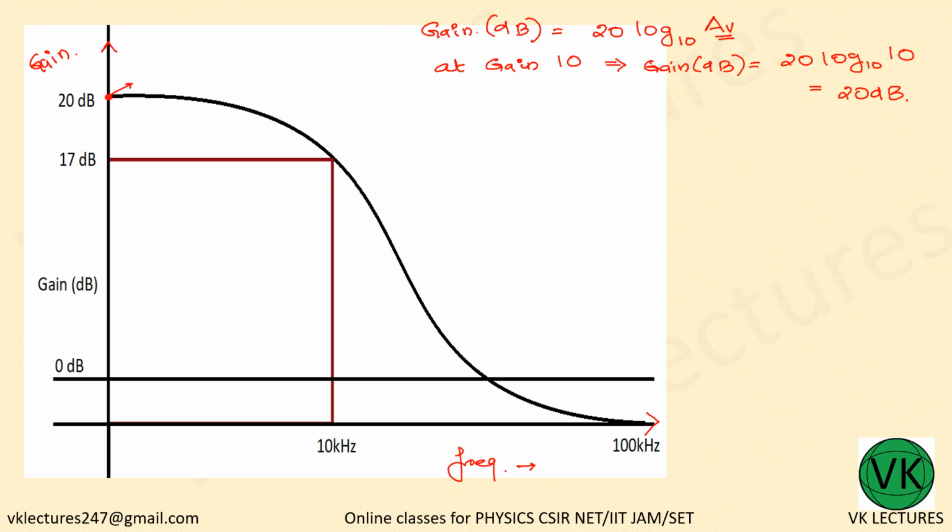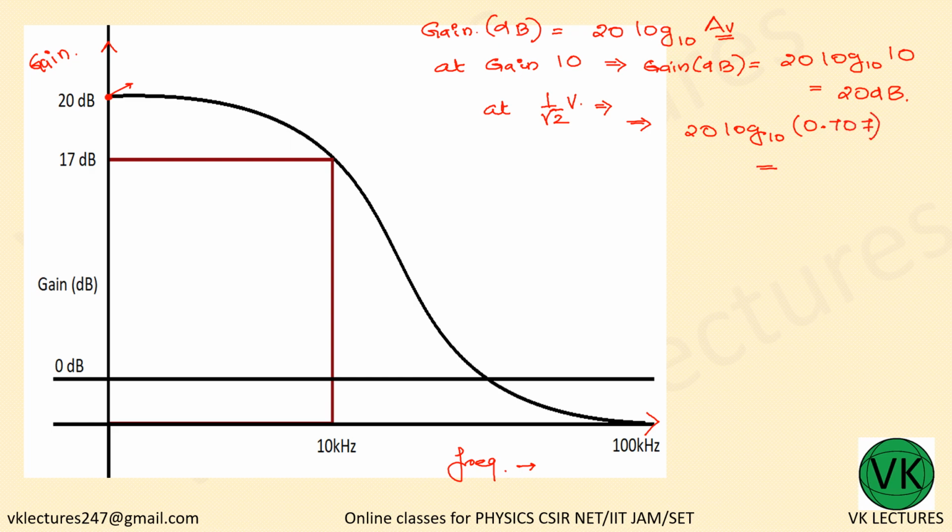Fine. Now at 1 by root 2 times the voltage gain, let us see what is the gain in decibel, that is 20 log 10 of 0.707.